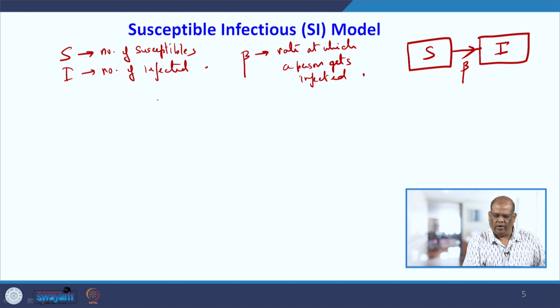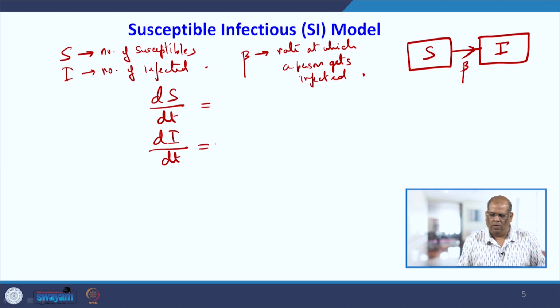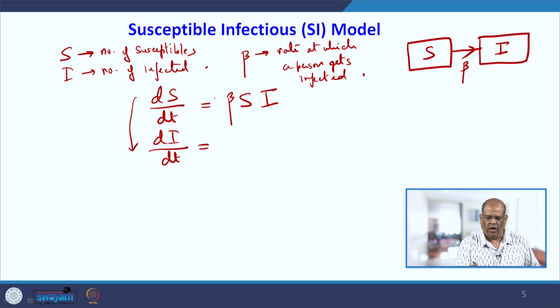The model will look very simple. This is dS/dt and this is dI/dt. For dS/dt, when a susceptible comes in contact with an infected person, the person gets infected at a rate beta, and from the susceptible class moves to the infected class. So a minus sign here: minus beta S I. One more time, this is the rate of change of the susceptible, and this is the rate of change of the infected.